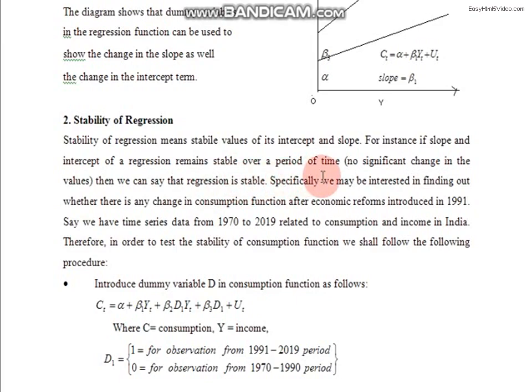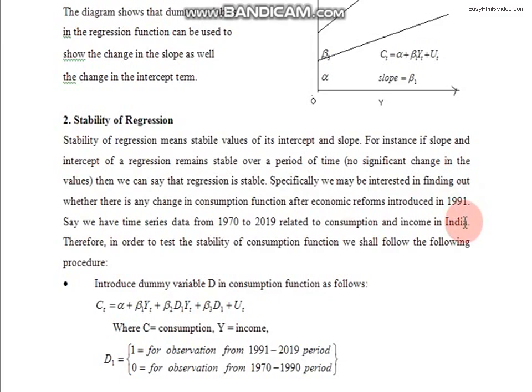Specifically, we may be interested in finding out whether there is any change in the consumption function after the economic reforms which were introduced in 1991. Say we have time series data from 1970 to 2019, and we all know the reforms were introduced in 1991.